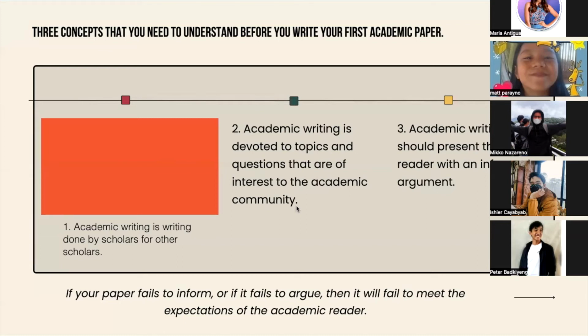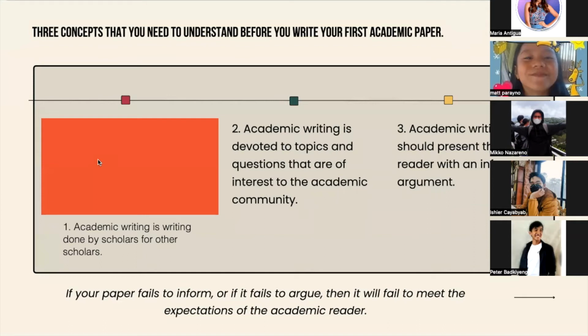This brings us to our final point, number 3. Academic writing should present the reader with an informed argument. To construct an informed argument, you must first try to sort out what you know about a subject and what you think about a subject. It's two different things, right?